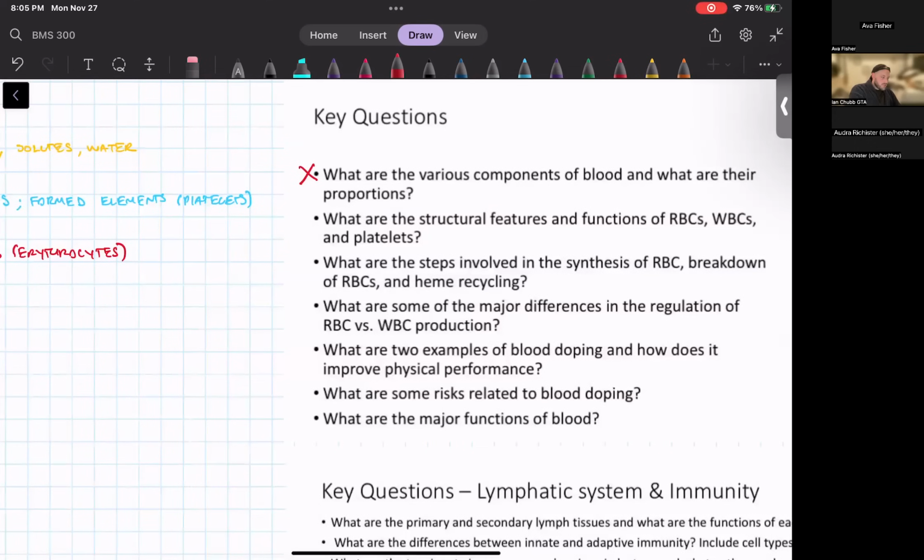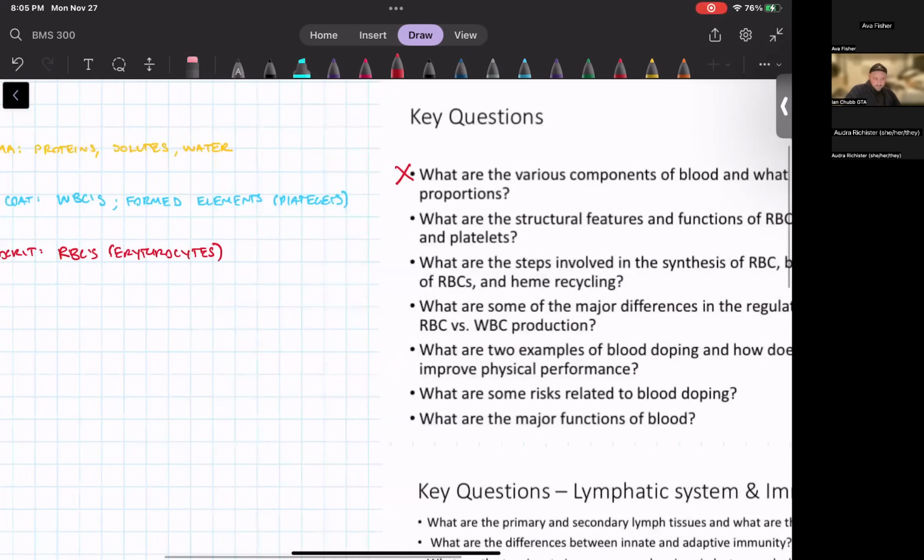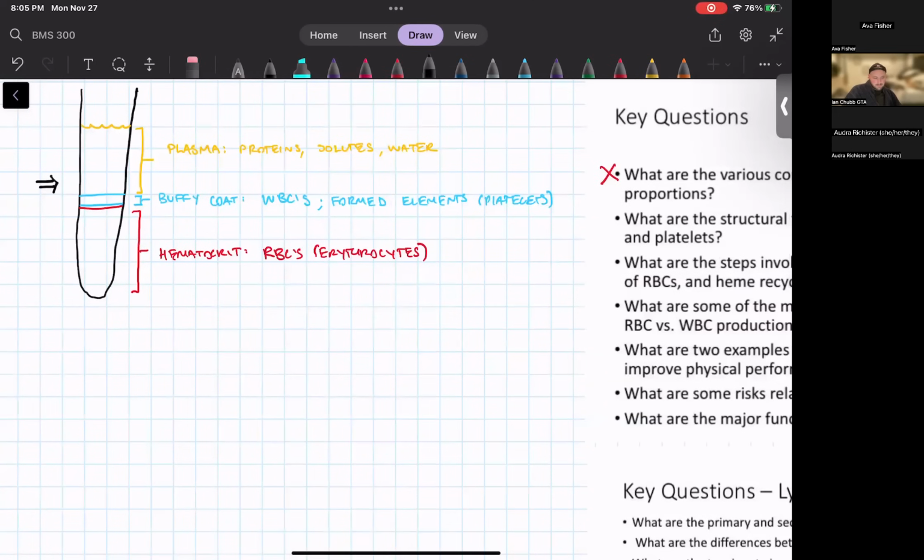Now, looking at proportions, what makes up most of our blood? Red blood cells? Most of it is water, yeah. So if we really break it down, plasma is about 55% of the blood, and then the formed elements and cells are going to be about 45%, including hematocrit.